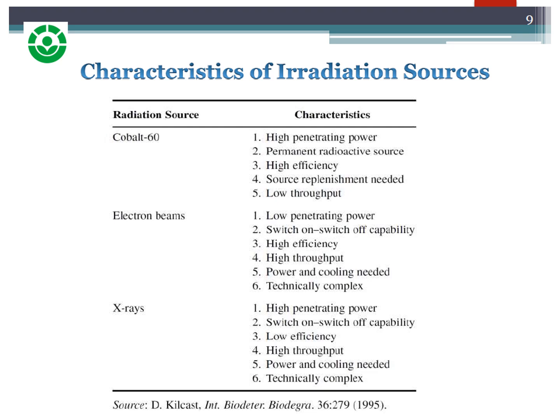Next, electron beams: low penetrating power, switch on, switch off capability, high efficiency, high throughput, power and cooling needed, technically complex. Next, X-rays: high penetrating power, switch on, switch off capability, low efficiency, high throughput, power and cooling needed, technically complex.